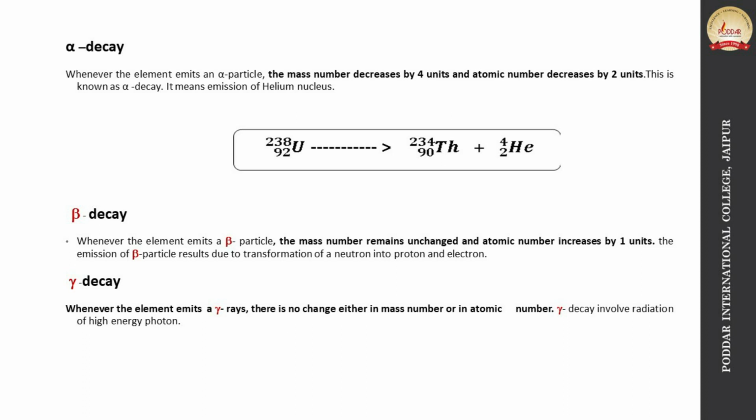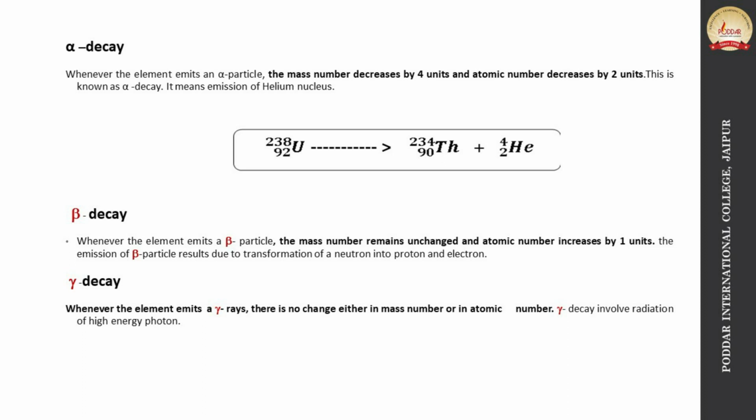Alpha decay means when an element emits an alpha particle, the mass number decreases by 4 units and the atomic number decreases by 2 units, and this is known as alpha decay. This is equal to one helium nucleus, that is 2He4. Beta decay means the mass number remains unchanged and the atomic number increases by 1 unit.